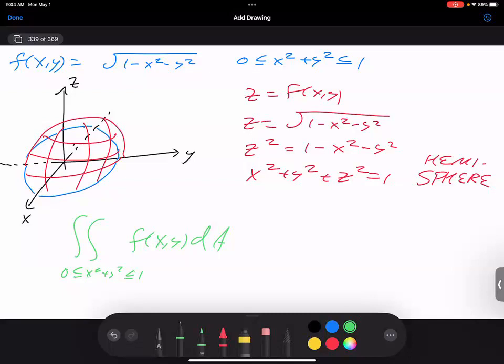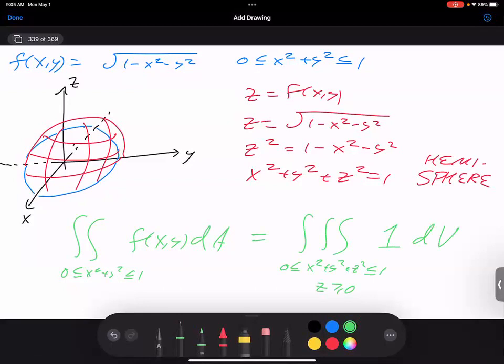Or I could also integrate over 0 less than or equal to x squared plus y squared plus z squared less than or equal to 1, z greater than or equal to 0, of 1 dV. And both of them are going to give the same quantity.